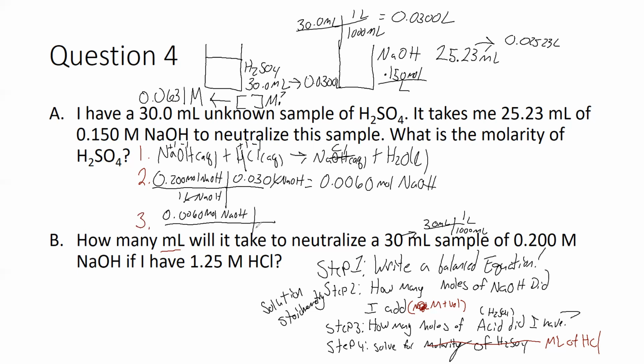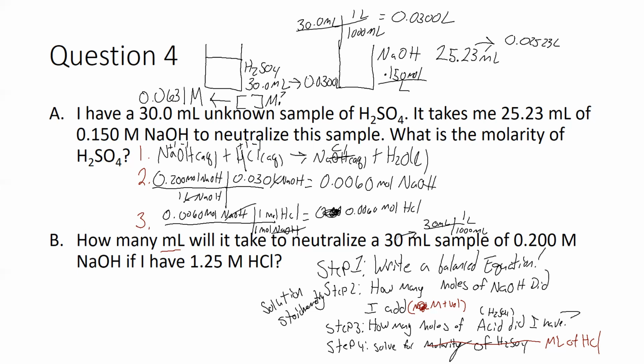So this is relatively easy because for every 1 mole of NaOH I have, that's 1 mole of HCl. NaOH cancel. So it's actually the same number. 0.0060 moles of HCl. So all that's matched up.